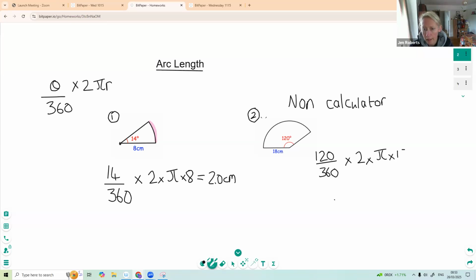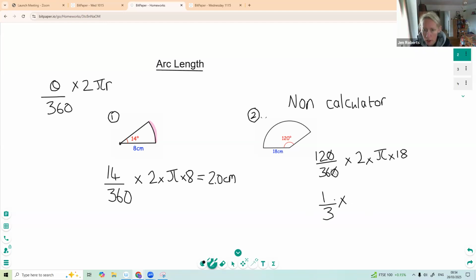Without a calculator, I would suggest simplifying your fraction first. I'm going to divide both the numerator and denominator by 10, which gives you 12 over 36. You need your highest common factor, which is 12. I divide them both by 12, I get 1/3. You could have done that a slightly different way, but hopefully you've still got it simplified to 1/3.